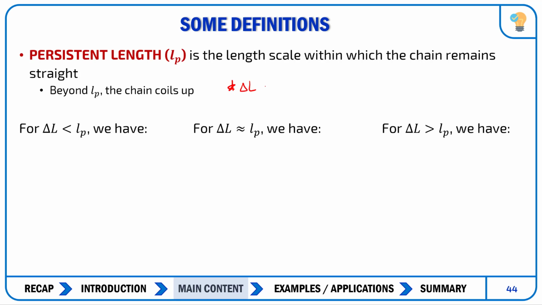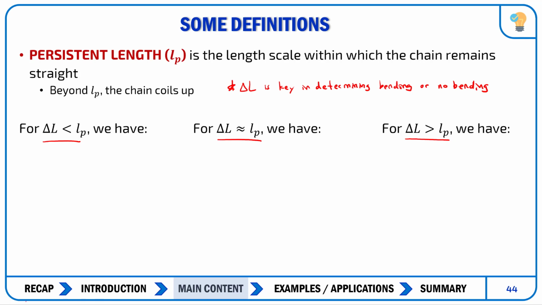Delta L is key in determining bending or no bending. If I want to compare delta L to LP, there are only 3 things that can happen. It can be less than, approximately equal to, or greater than LP.